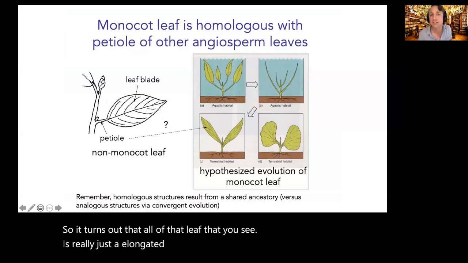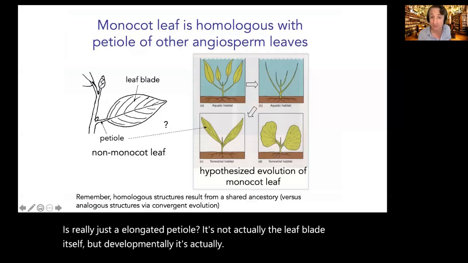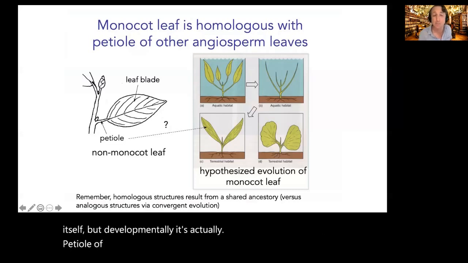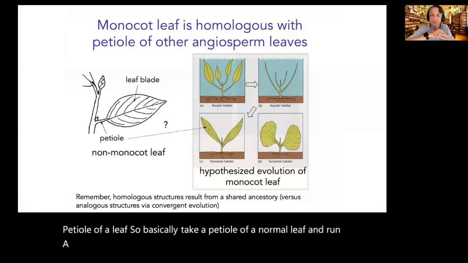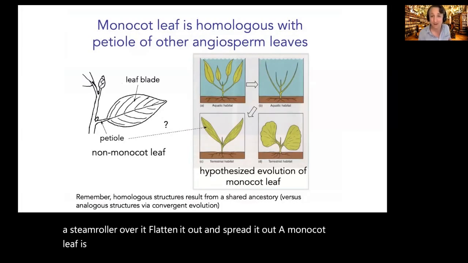It's not actually the leaf blade itself, but developmentally, it's actually the petiole of a leaf. So basically take a petiole of a normal leaf and run a steamroller over it, flatten it out and spread it out. A monocot leaf is a petiole, okay?